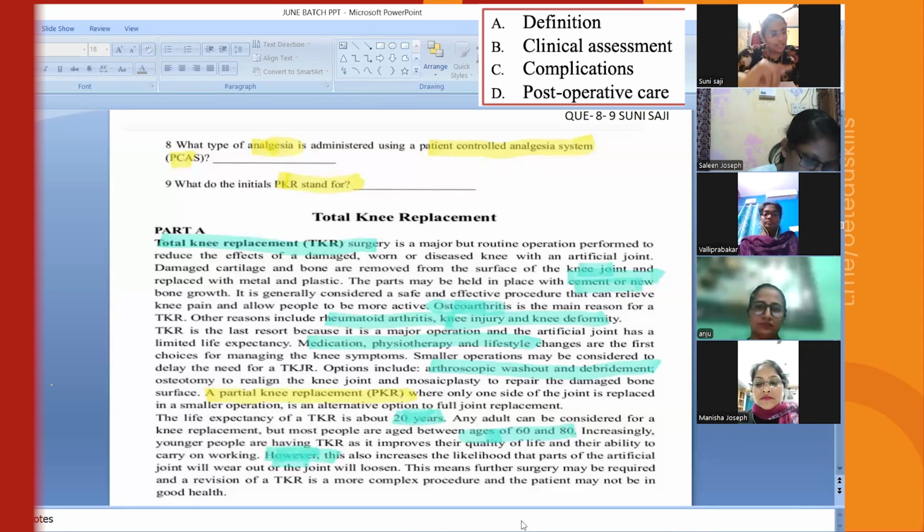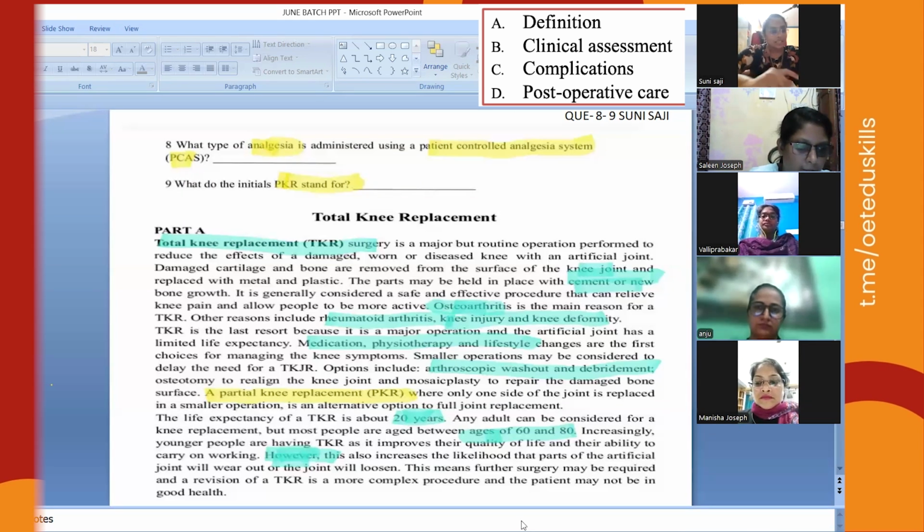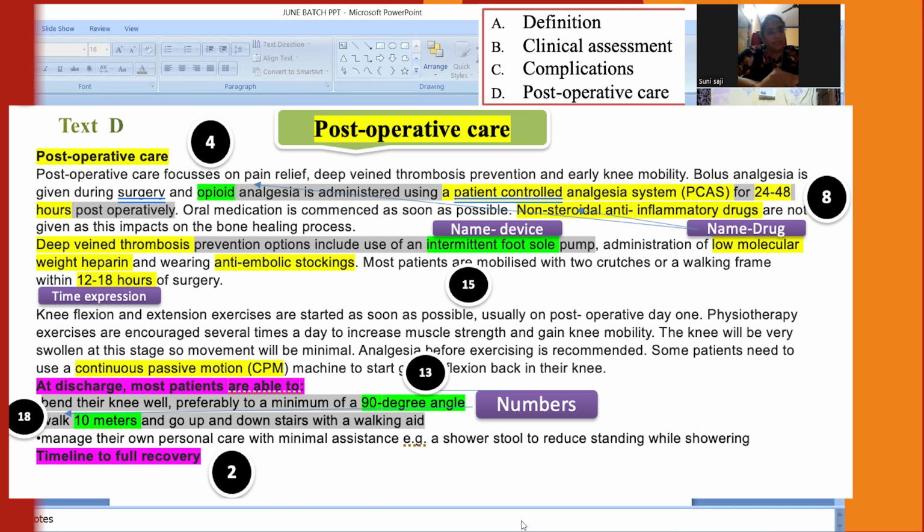For question 8, I marked the keyword analgesia. So we know analgesia is given during the surgery. Text 4 is post-operative care, so there we are told about the analgesia.